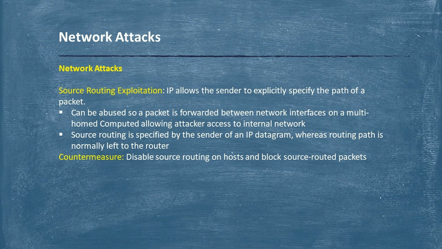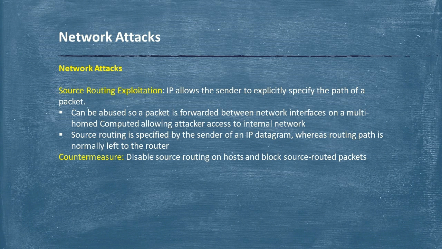So the attacker abuses this. The packet is forwarded between the network interfaces on the multi-homed computer, allowing the attacker to access it. He uses the other IP address of the NIC card. Normally, multi-homed is for redundancy. If one NIC card fails, the other one should take over.